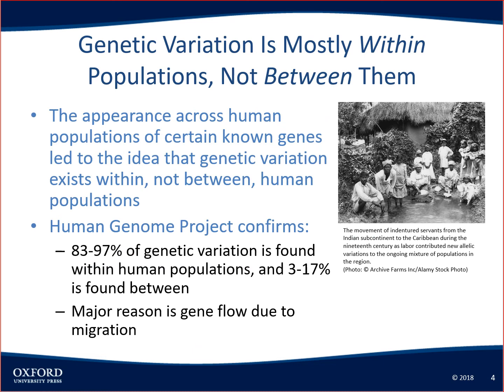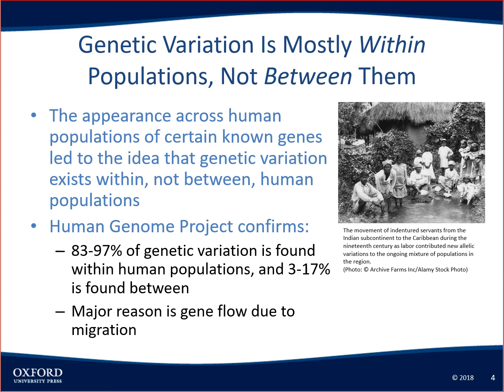Genetic variation is mostly within the population, not between them. So, the appearance across human populations of certain known genes leads to the idea that genetic variation exists within and not between the human populations.